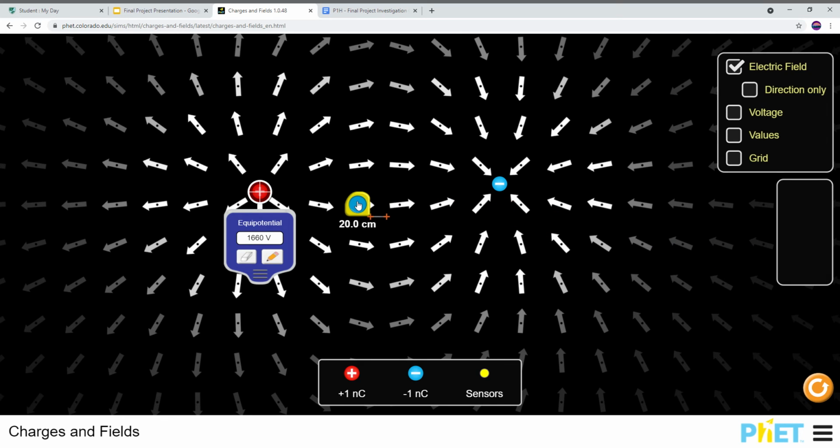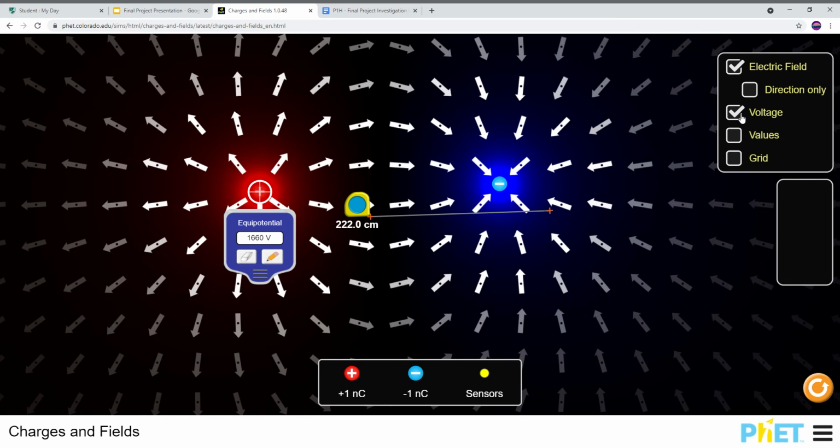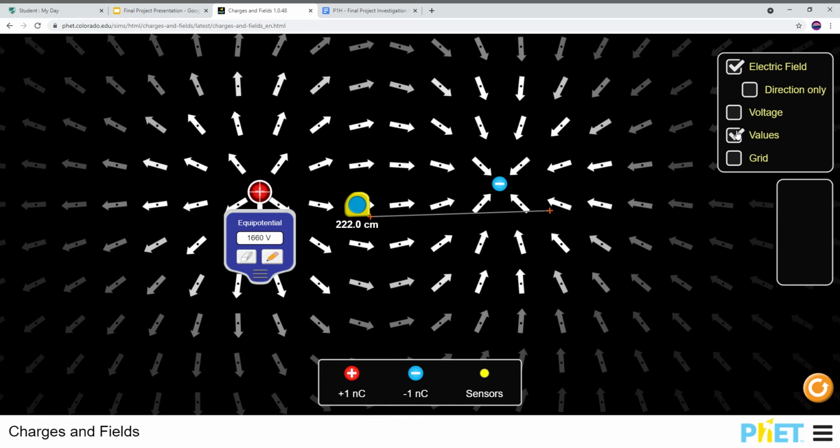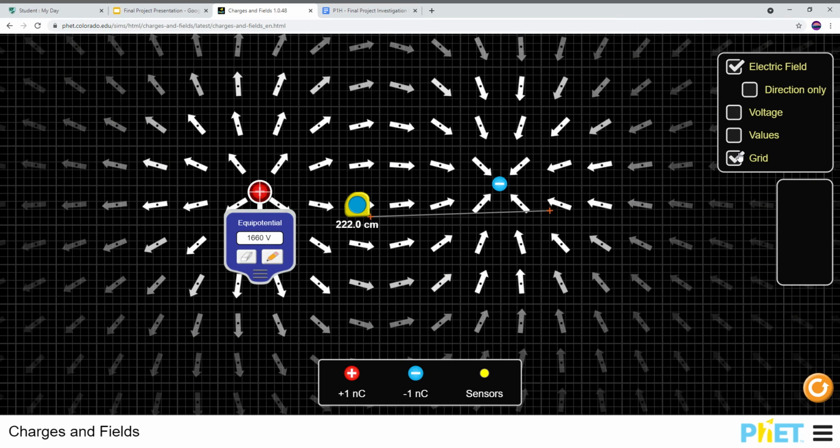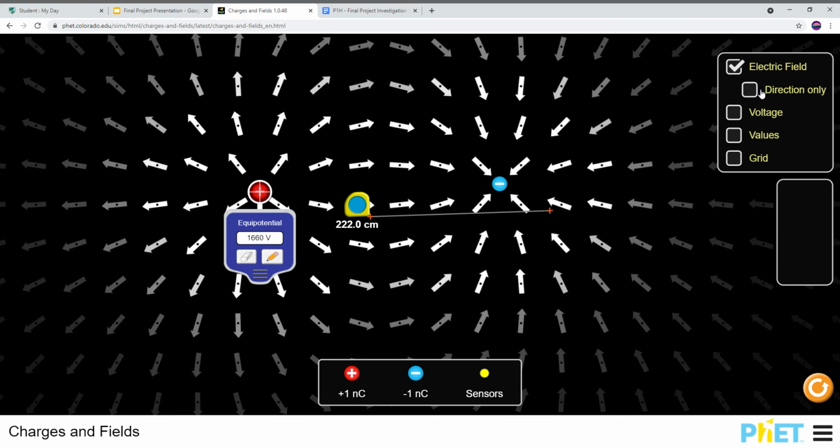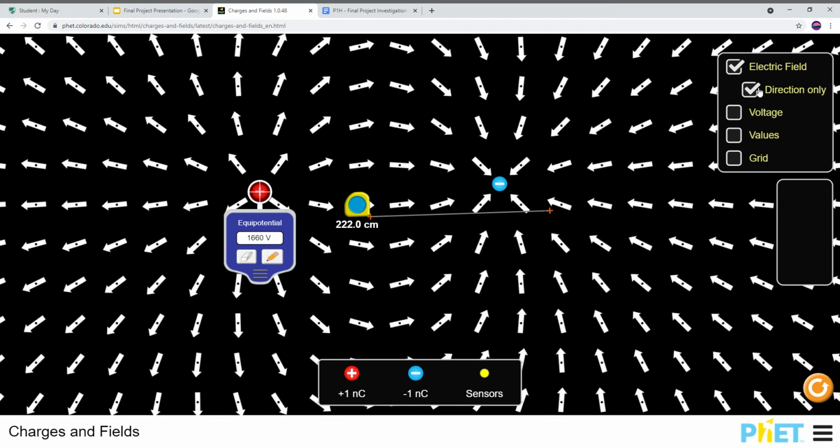We also have a ruler tool to measure distances, which is going to be very important for my experiment. We can toggle on and off the voltage of the different particles, as well as the values present, and we can overlay a grid if need be. I'm not sure what the purpose of that is, but I guess aesthetic.